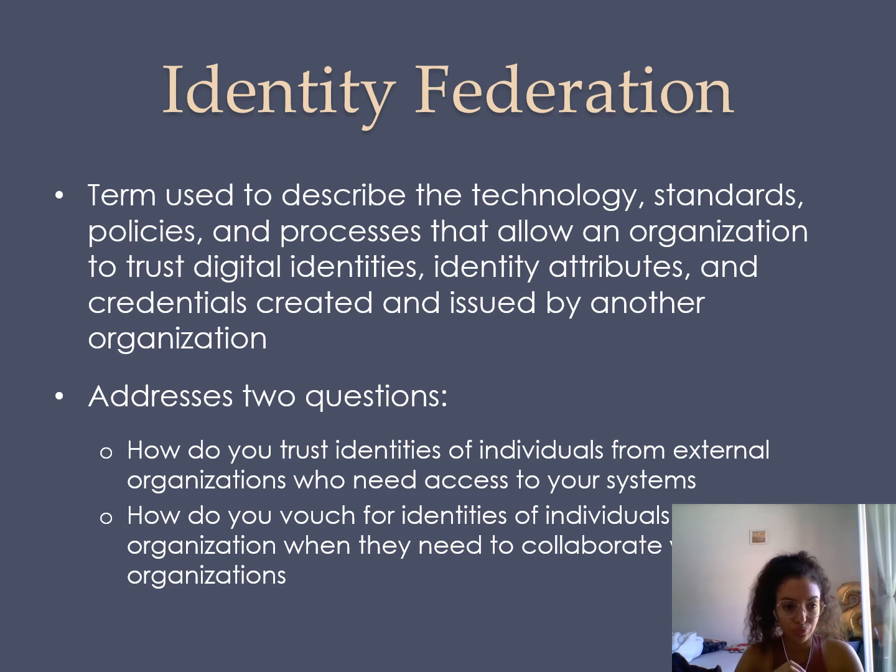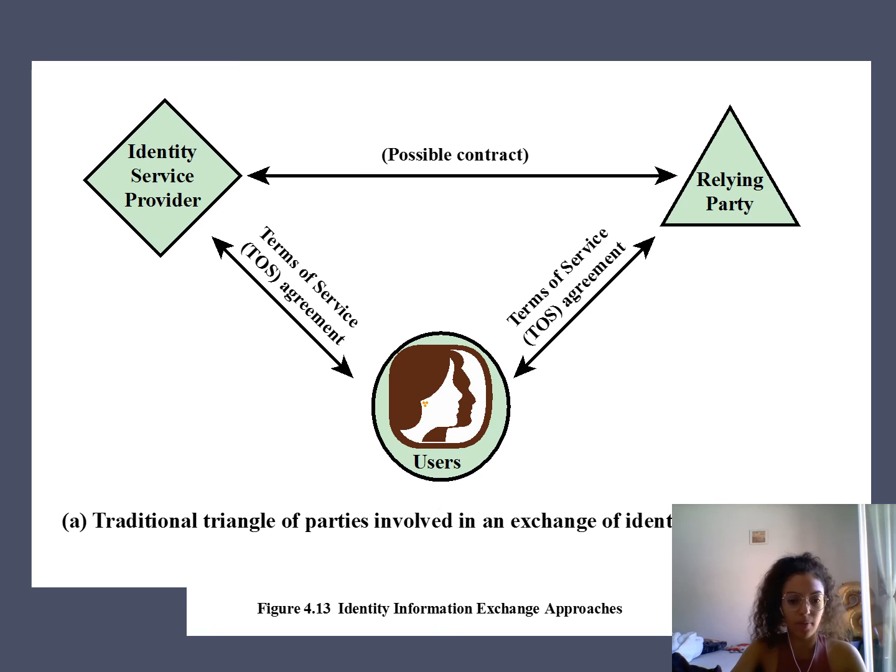So we will have a brief discussion about this. Online or network transactions involving parties from different organizations, or between organizations and individual users, such as an online customer, generally require the sharing of identity information.